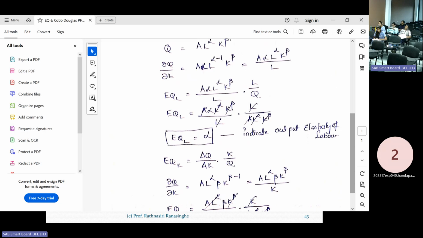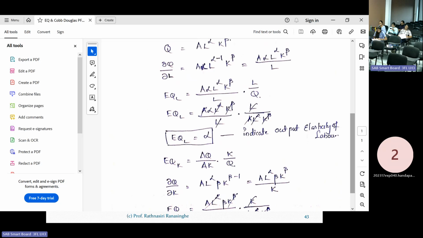So that alpha indicates the output elasticity of labor. The coefficient which denotes the labor in the Cobb-Douglas production function is equal to the output elasticity of labor.